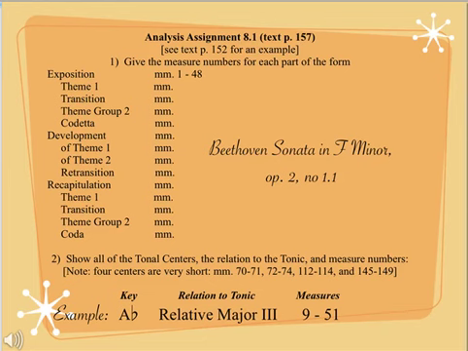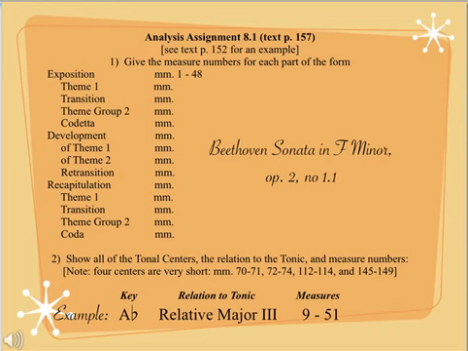Now, here's your assignment. Look in the text for assignment 8.1, and they have an example of how to analyze on page 152. So you analyze this Beethoven Sonata in F minor, and you say, just like they did in the book, where theme 1 comes in, where the transition happens, what measure does it, what key does it go to, all the details.